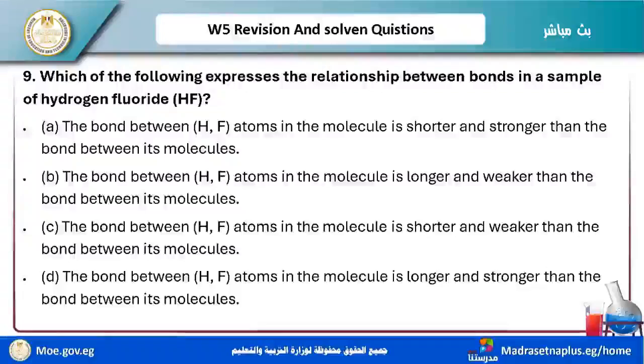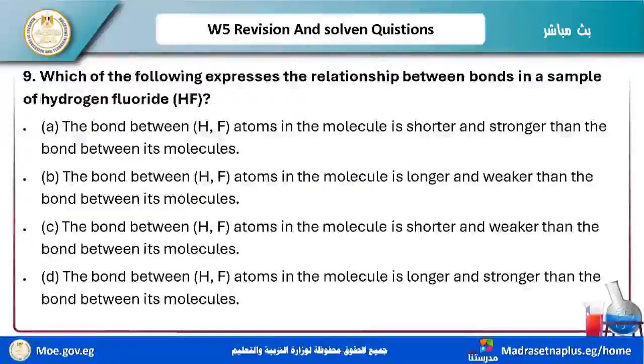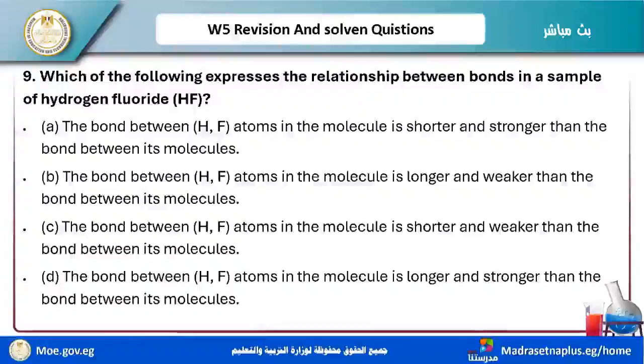Now, discussion here: which of the following gives the relation between bonds in a sample of hydrogen fluoride, HF. I have option A: the bonds between hydrogen and fluorine atoms in the molecule are longer and weaker than the bonds between its molecules.